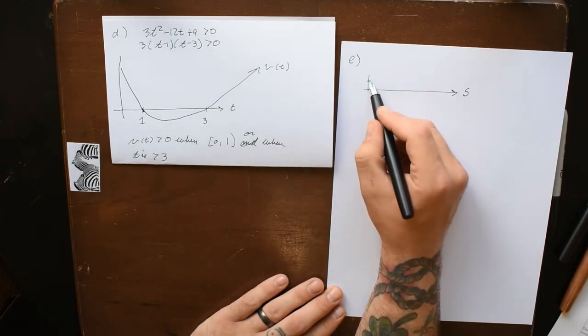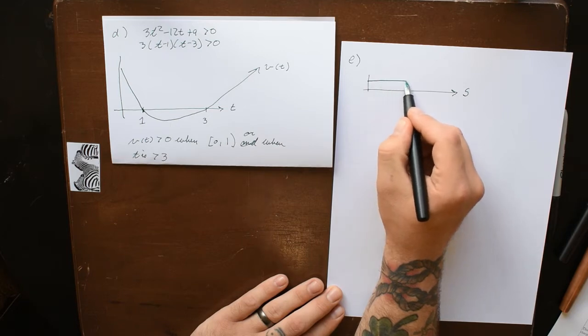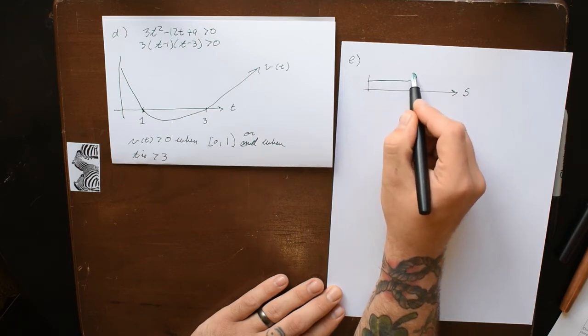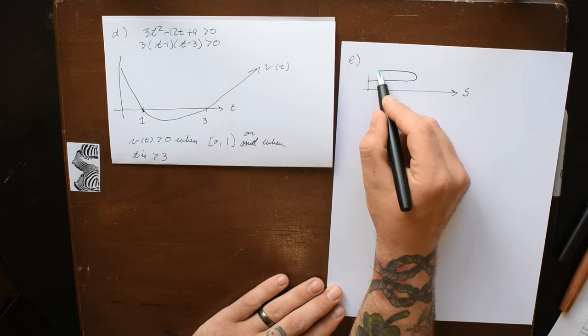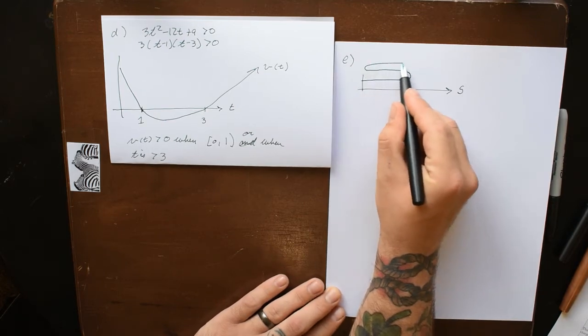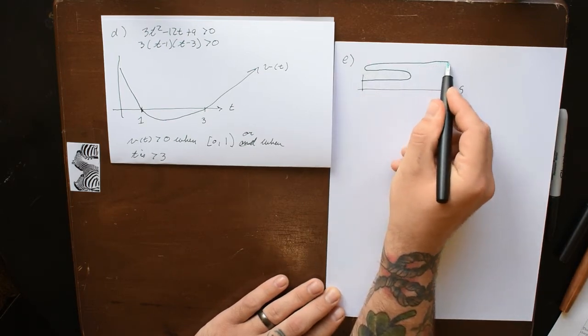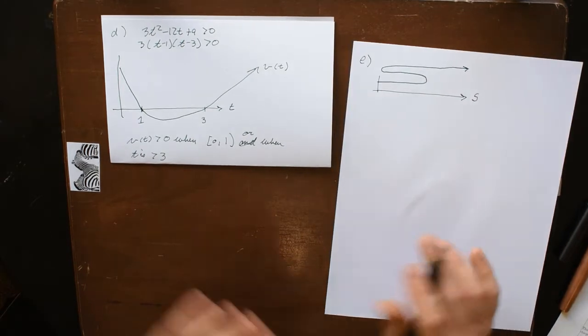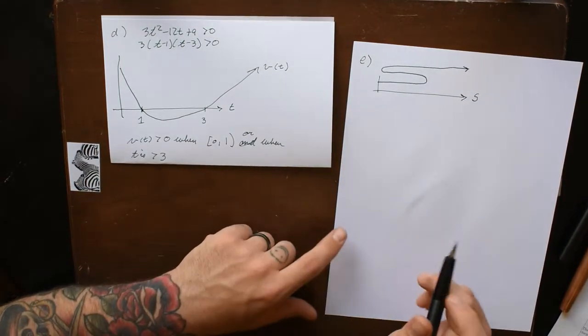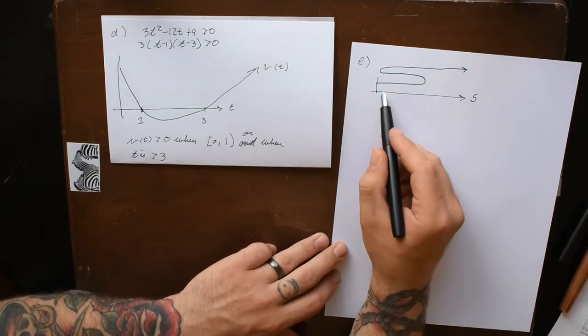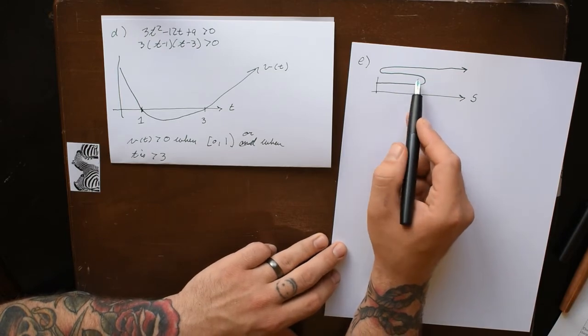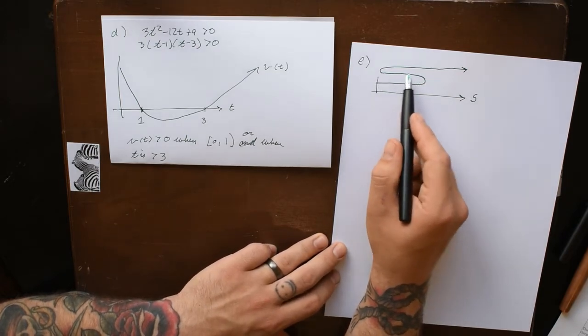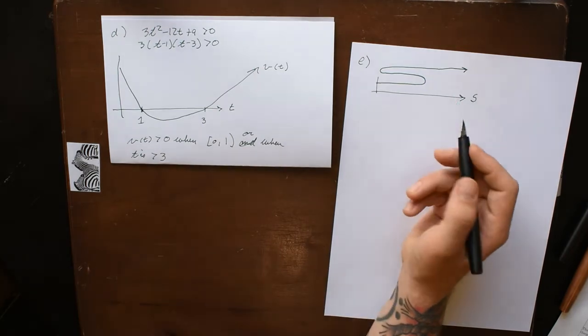The velocity is going to increase to a point, then it'll decrease, and then it'll increase again. So this is an idea about the way the particle is moving. It moves forwards, then it moves backwards for a while, and then it finally starts to move forwards again.